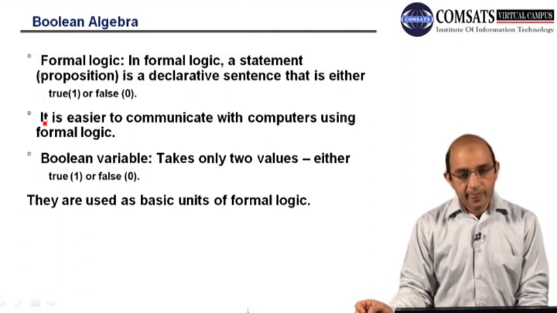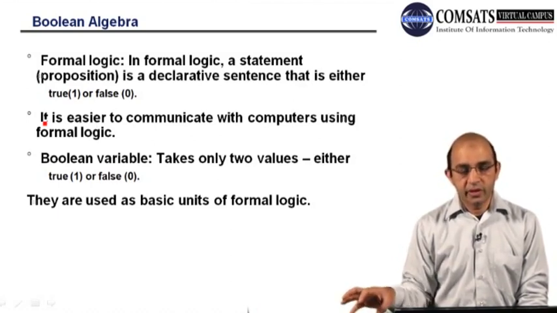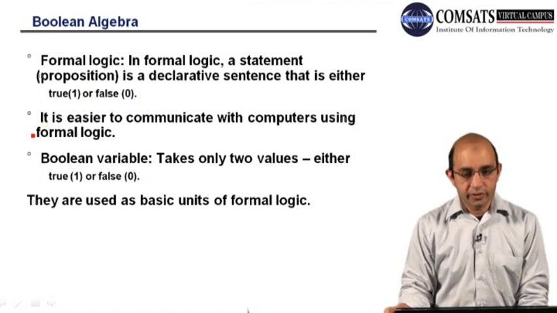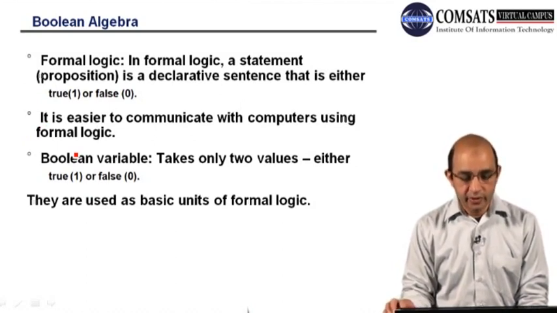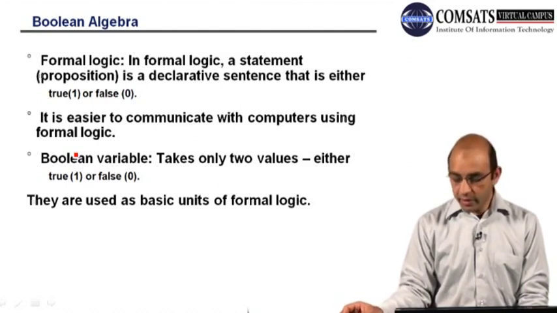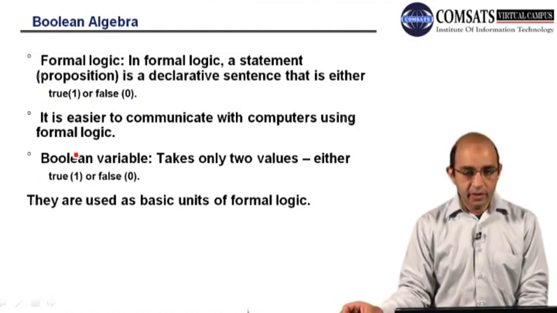In computers, it's easier to communicate from one unit to another unit, or within different components within a unit, using formal logic, because it takes two values, 1 or 0, which we normally say true or false, on and off, yes or no. So it's easier to transmit data while using this formal logic.